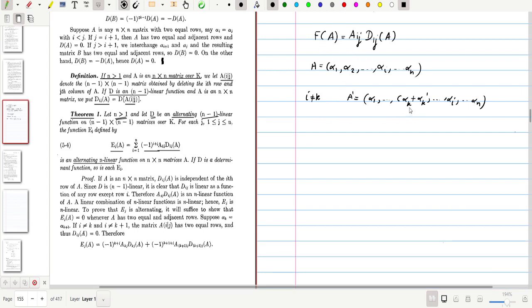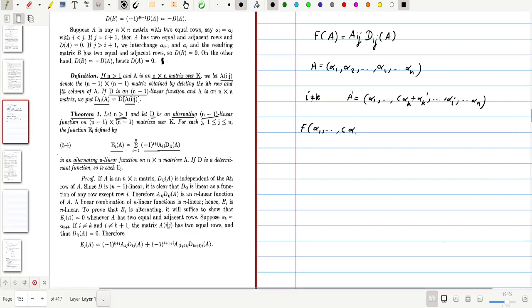In this there is a linearity in the kth row. This k is not equal to i. So you start with f of alpha 1, etc., C times alpha k plus alpha k prime, etc., alpha i is there, etc., alpha n.